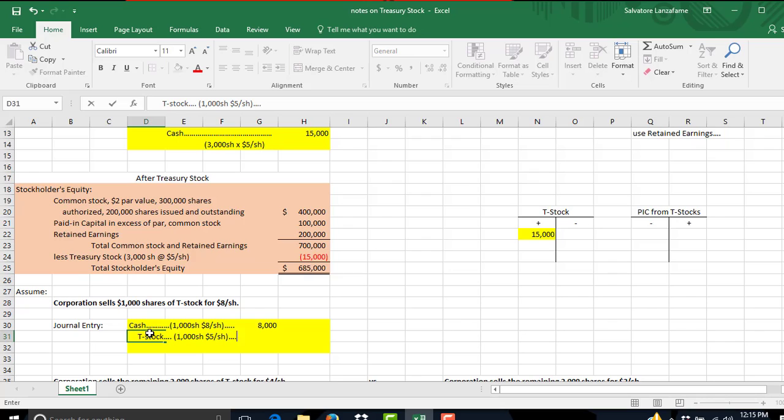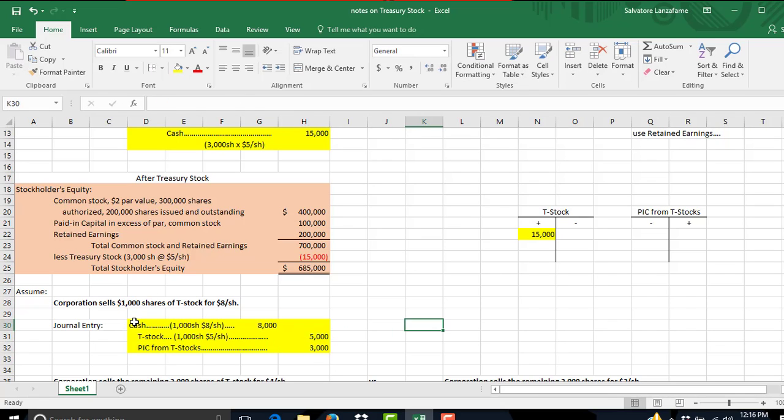So that would be $5,000. Notice our debits don't equal our credits, so that's where the PIK account comes in. So we're going to credit PIK from treasury stock transactions, PIK from T stocks, and that's going to be the difference, which would be 1,000 times 3, the difference between $8 and $5. We'll put that 3,000 in here.